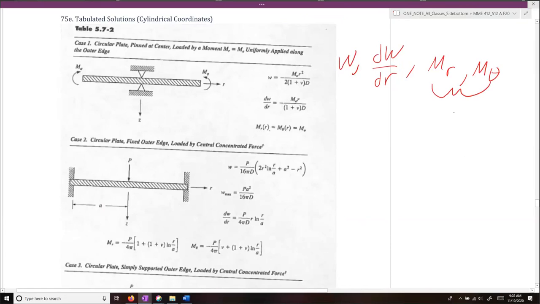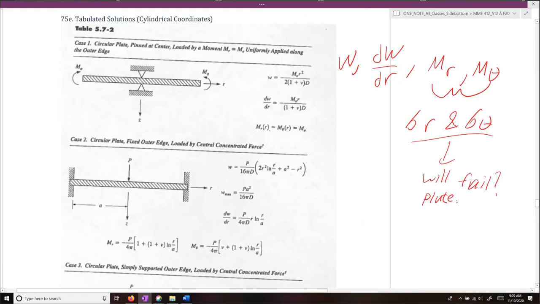From the moment in the radial and theta directions, you can determine the stress in the radial and theta directions. And using those two stresses, you could then determine if the material will fail, will the plate fail.